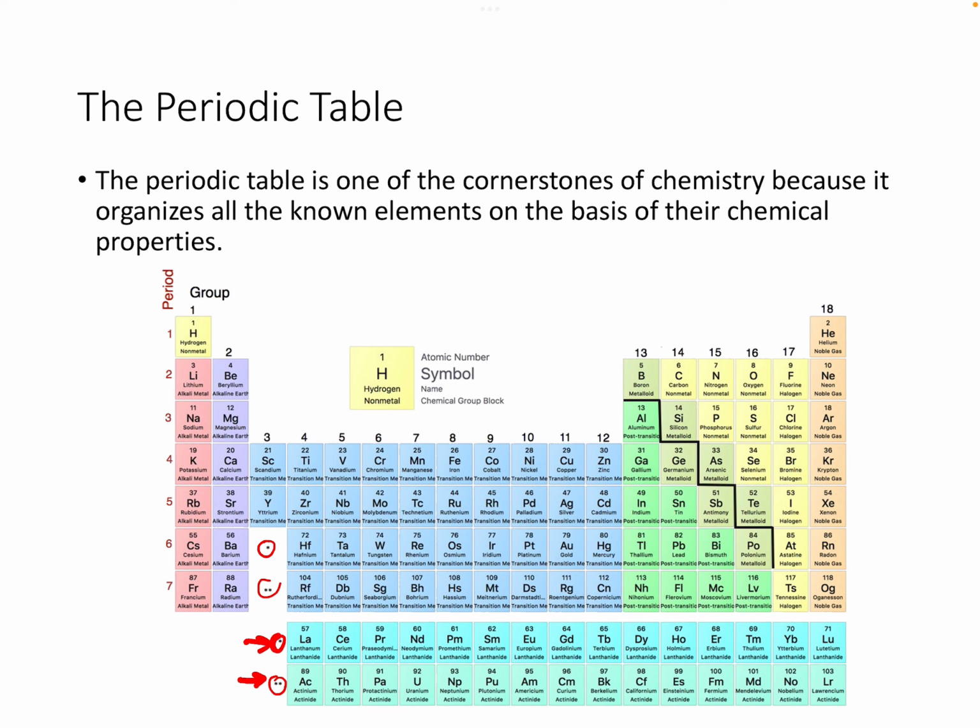So we would actually see a gap right here, and it would be hard to fit the periodic table on a piece of paper or even onto this slide. So we tend to separate out those two rows. But we're not going to deal with those elements this quarter, so don't worry about them. I just wanted to show you that those two rows actually do exist in row 6 and 7, but they're just really long, so we tend to move them out of the periodic table.